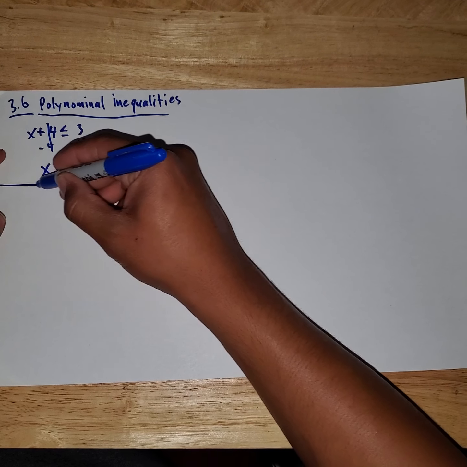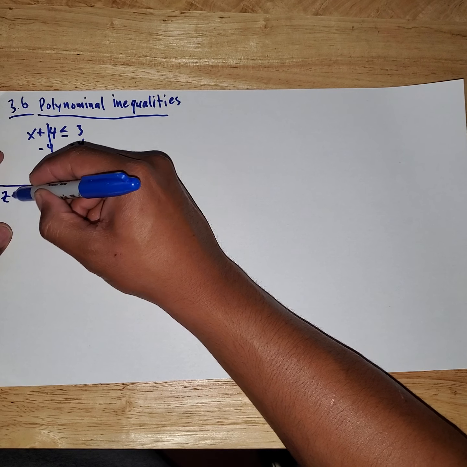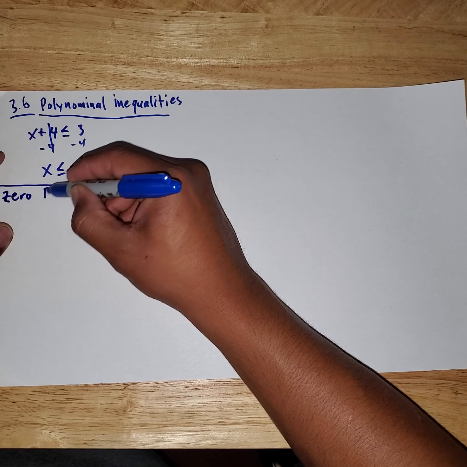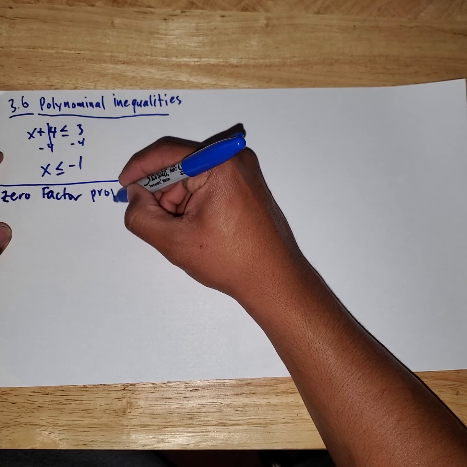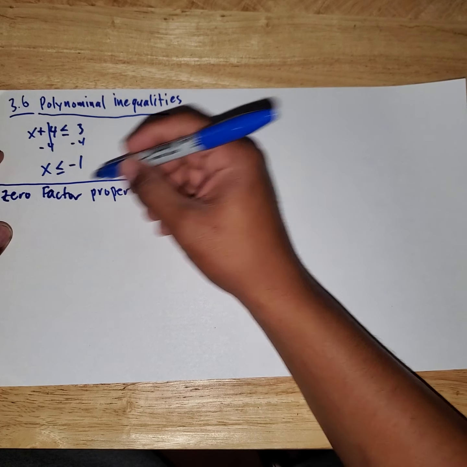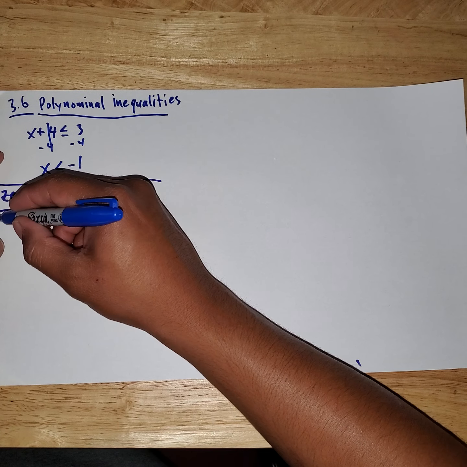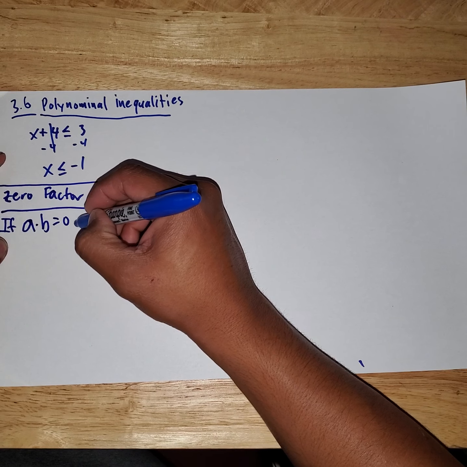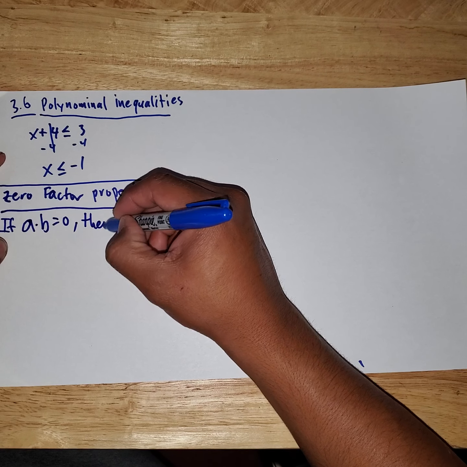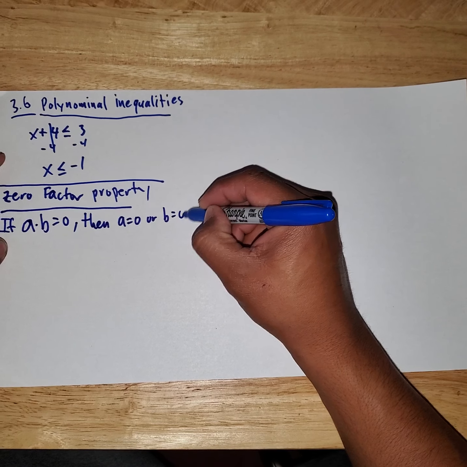But I also want to remember when we talked about the zero factor property. Remember, the zero factor property said if a times b was equal to 0, then a was equal to 0 or b was equal to 0.